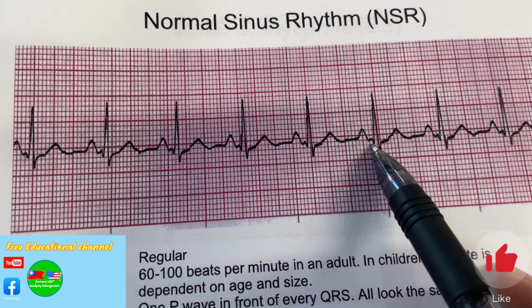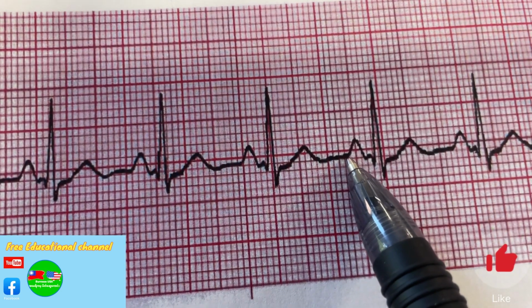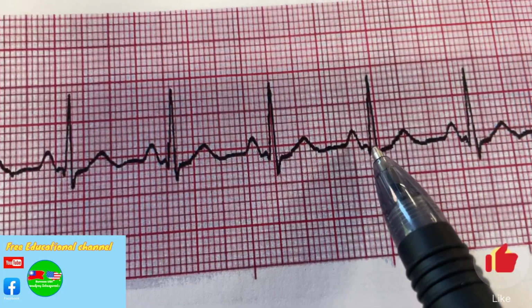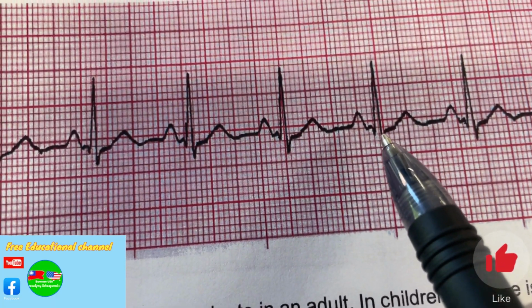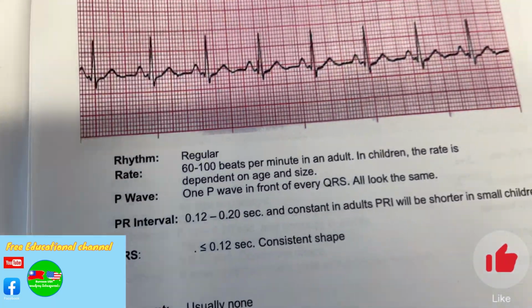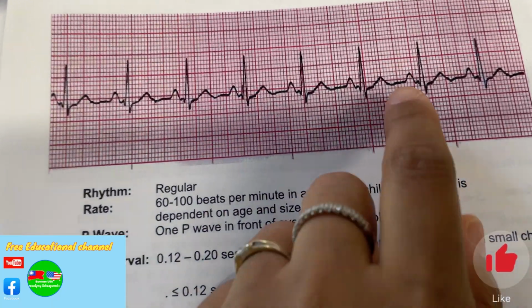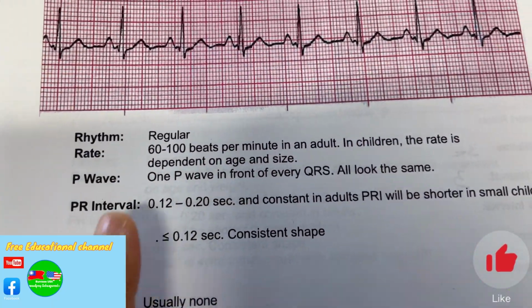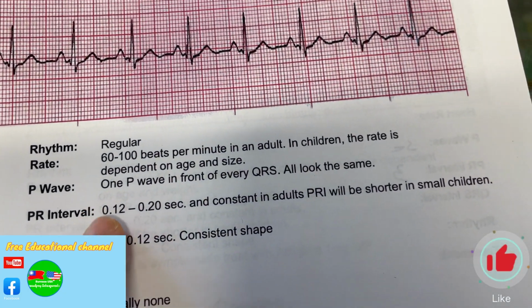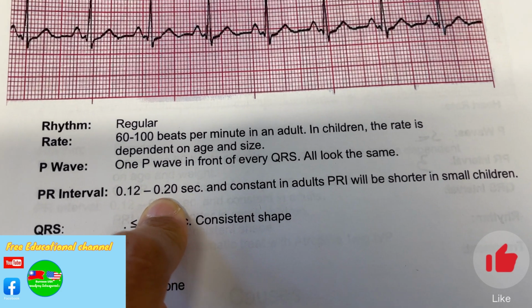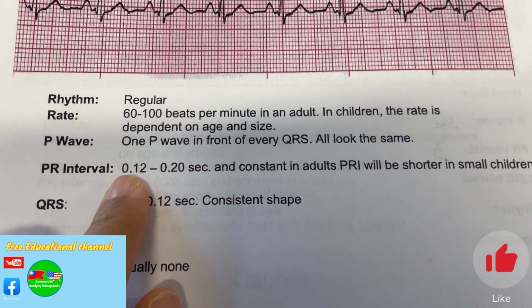Let's see, 1 box, 2 boxes, and about 3 boxes. The PR interval has to be 3 to 5 boxes. So this is about 3 boxes, so this is good. 0.12 means 3 boxes, 0.2 means 5 boxes, because 1 box is 0.04.